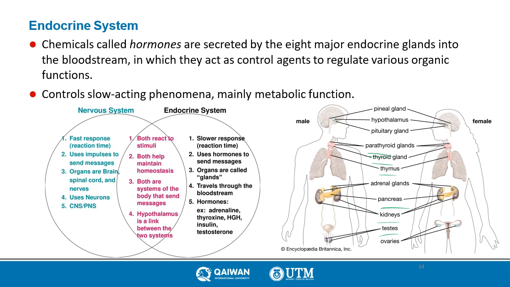to the nervous system. So in order to compare between them, we have the nervous system and endocrine system. The nervous system has a fast response and uses electrical impulses. Organs are the brain, spinal cord, and nerves. It uses neurons and is divided into CNS and PNS, the central nervous system and peripheral nervous system.